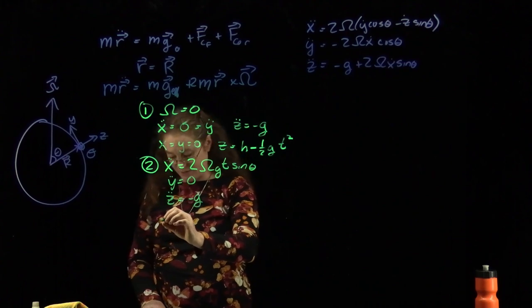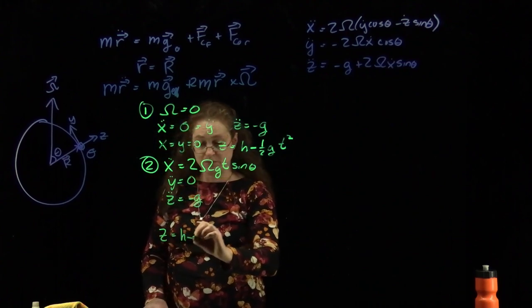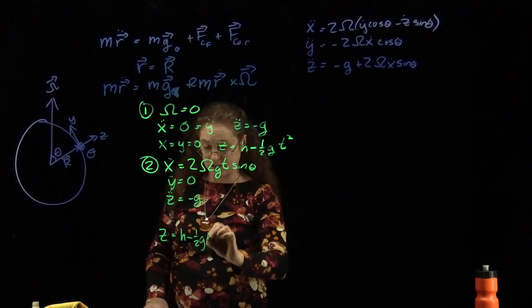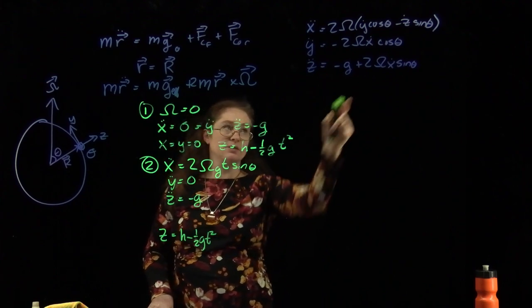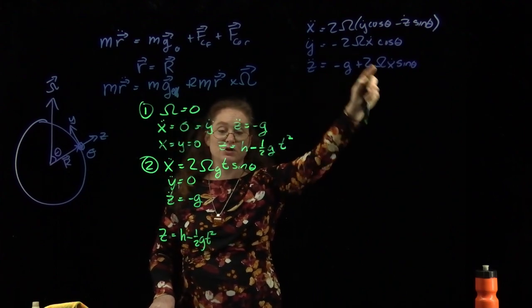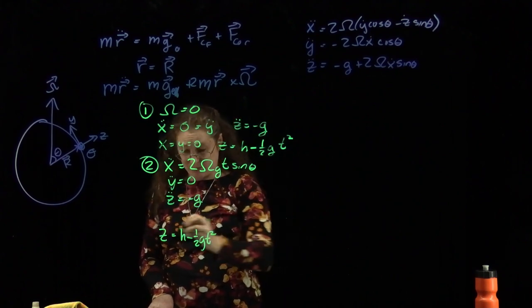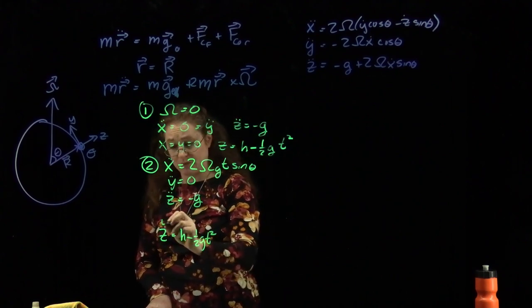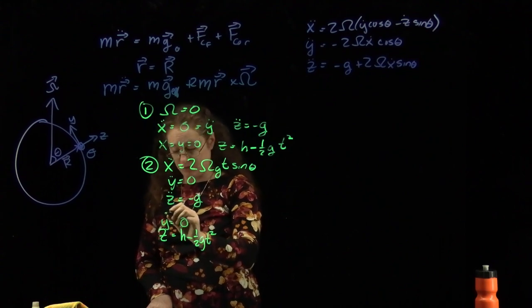And these have the solution. Z still is h minus 1/2 g t squared. The reason it wasn't impacted is because this solution has no change in x dot. If we did another step, we would get an extra term here. Y equals 0 still.